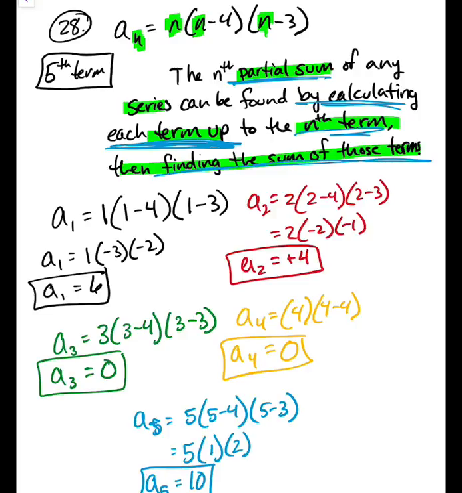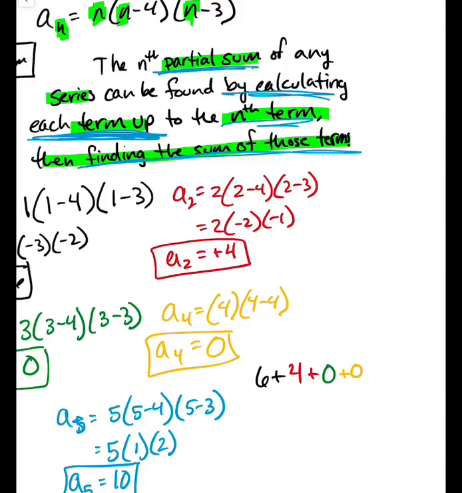Let me coordinate this by color. That's the first term, which is 6 plus 4 plus 0 plus 0, and then plus, I ran out of room, didn't I? No, I didn't. Plus 10.